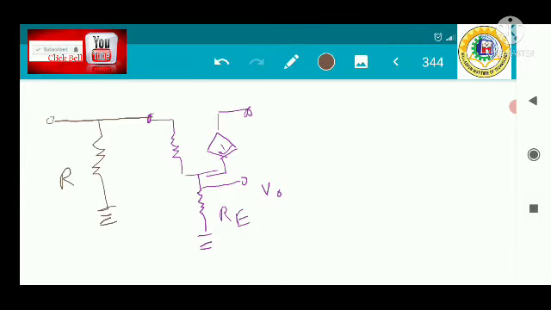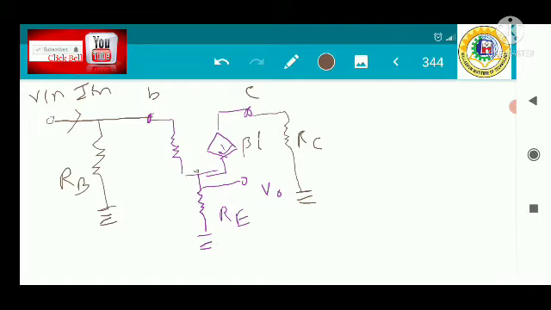So this is your RB resistance, this is your input voltage, and this is your current flowing through, this is I in. Also there is a collector terminal, this is your base terminal, and this is obviously your emitter terminal, and in the collector there is a resistance, RC resistance. So this current is beta IB.